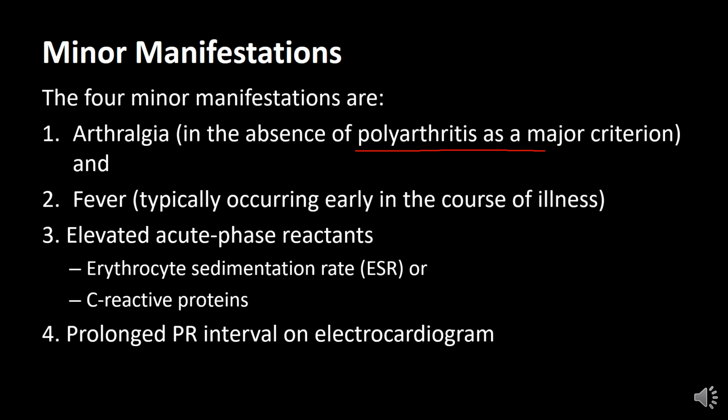Laboratory gives you 2 options, erythrocyte sedimentation rate, which will be raised, or C-reactive proteins. These are acute phase markers of inflammation. Fever will be early in the disease. Arthralgia, when the joint discomfort does not fit the migratory polyarthritis that we've already discussed, and the prolonged PR interval on ECG.